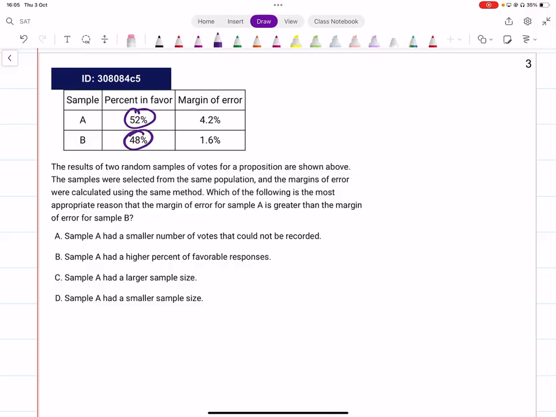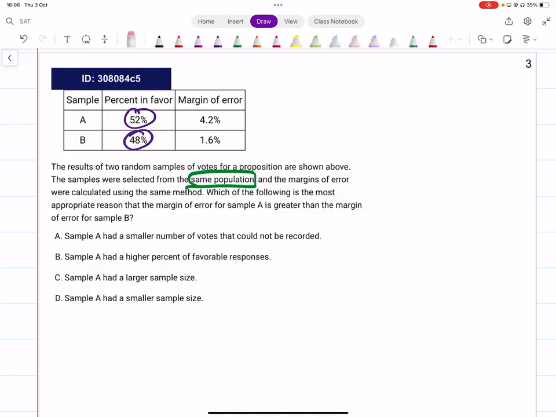Remember, what factors affect the margin of error? Sample size. If the sample size is big, the margin of error is going to be lower. That's one reason it could be different. The other reason is the actual data itself has more variation, but we're collecting samples from the same population, so that's unlikely to be the case.